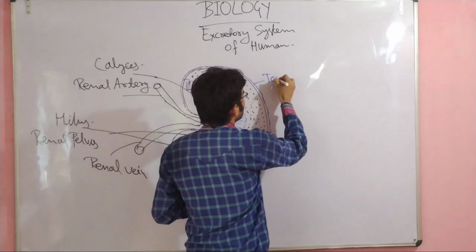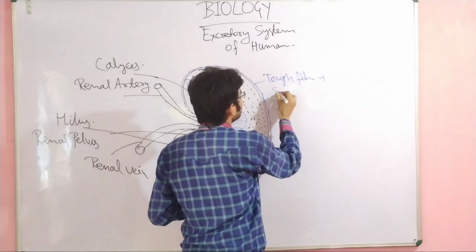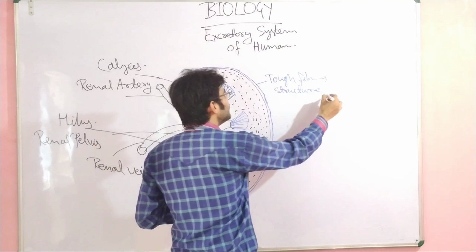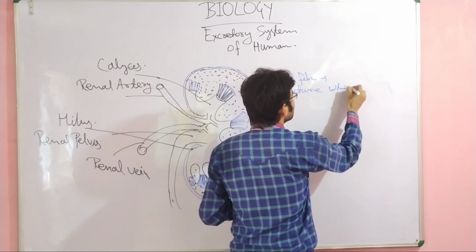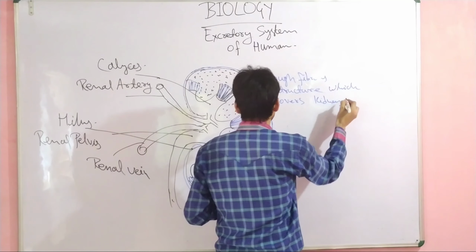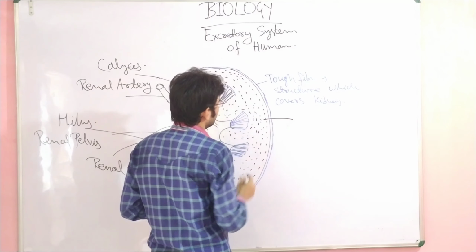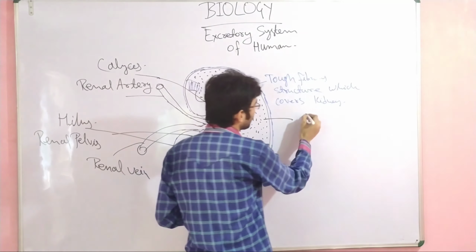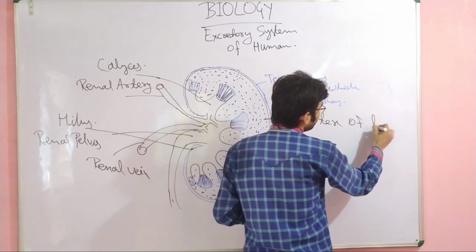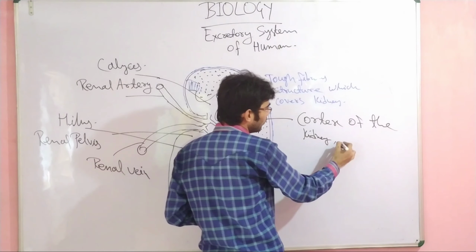This is the tough fibrous structure which covers the kidney. The dotted granular structure is called the cortex region, the cortex of the kidney. It is granular.